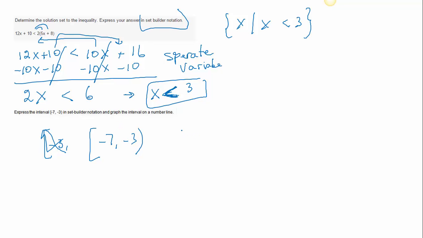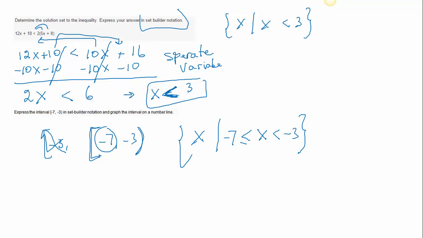We're going to say x such that x is less than negative 3 because we have parentheses, and greater than or equal to negative 7 because this is a square bracket. Square bracket means negative 7 is part of the solution, while negative 3 with parentheses is not part of the solution. So x such that negative 7 is less than or equal to x, less than negative 3.